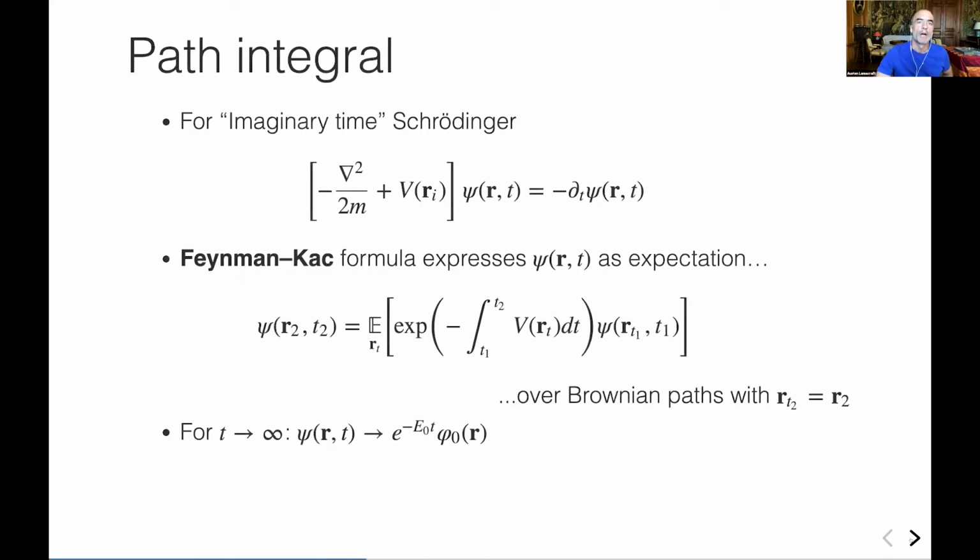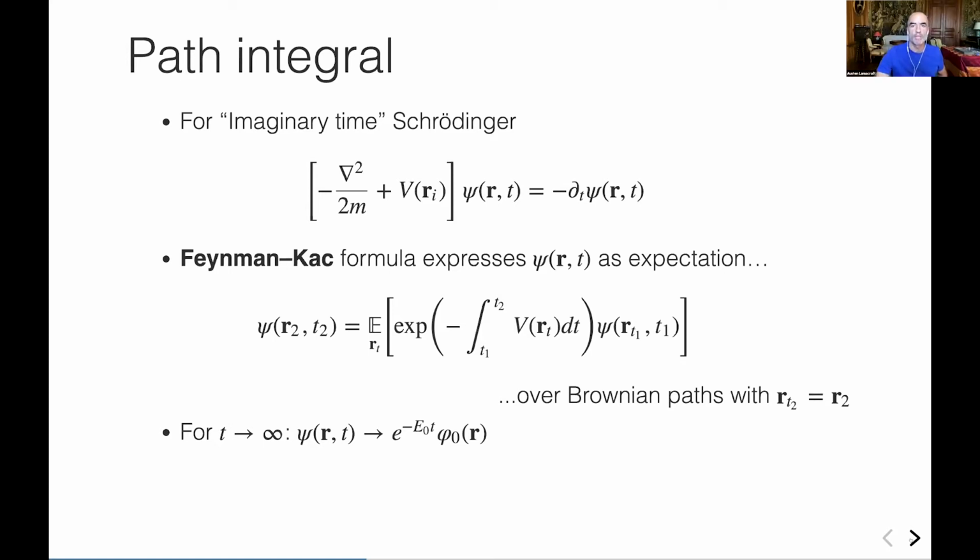Okay, so the path integral is a tool for solving the imaginary time Schrödinger equation. So this is where you have time dependence, as illustrated here. And the solution is expressed as an expectation over Brownian paths, together with an initial condition for the wave function. And this expectation is called the Feynman-Kac formula.